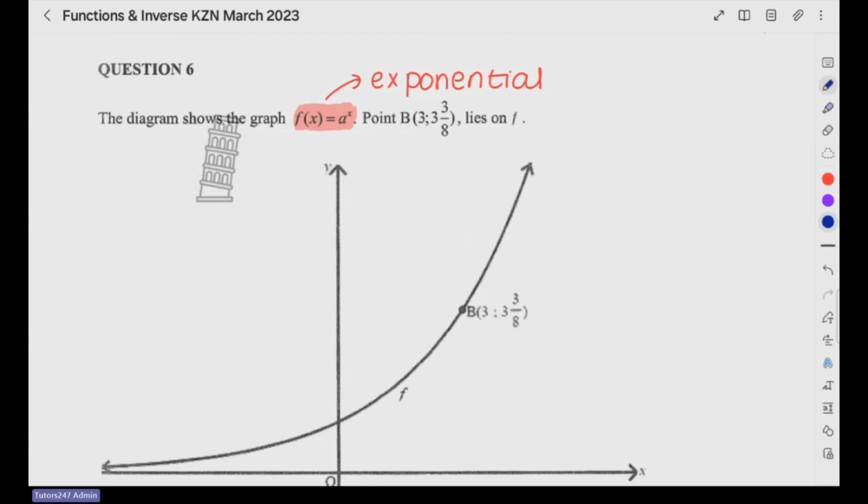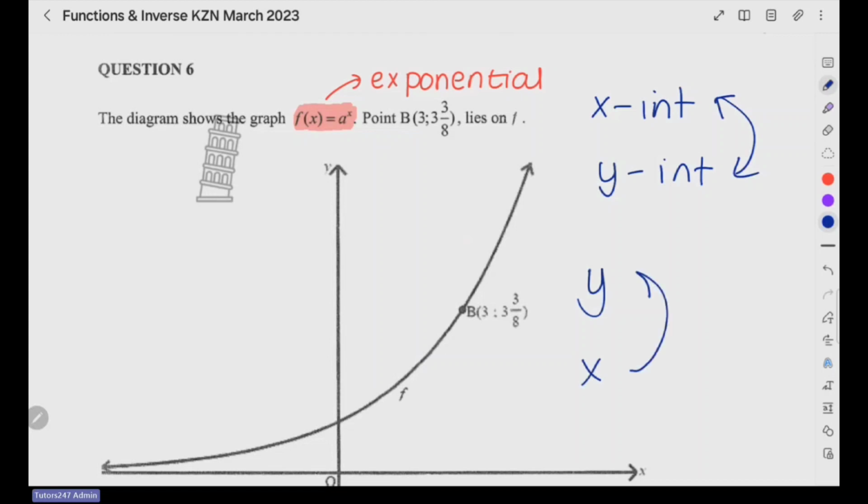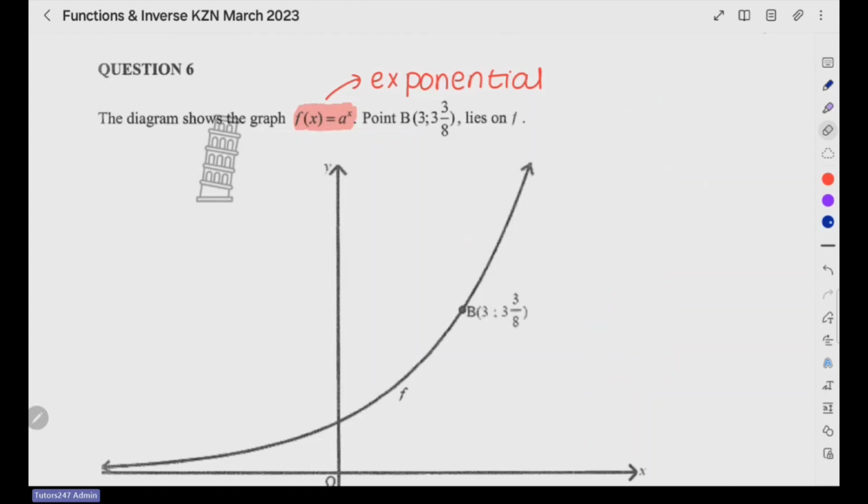Because remember, you inverse it, you swap it. So the x-intercept becomes the y-intercept, and vice versa. And the y-asymptote becomes the x-asymptote, and vice versa. So if we are looking for the x-asymptote of the inverse, we need the y-asymptote of the original. So here we have f of x is equal to 3 over 2 to the power x.